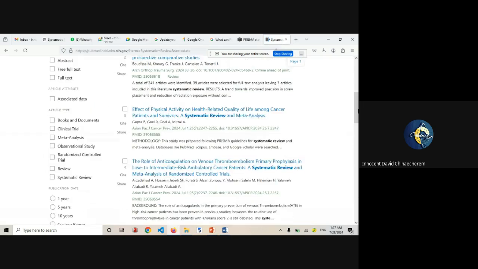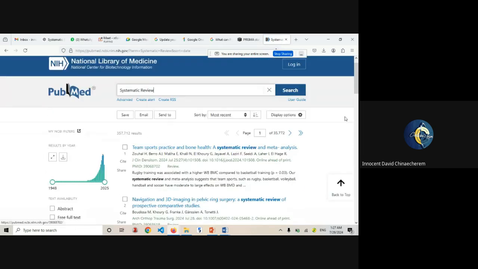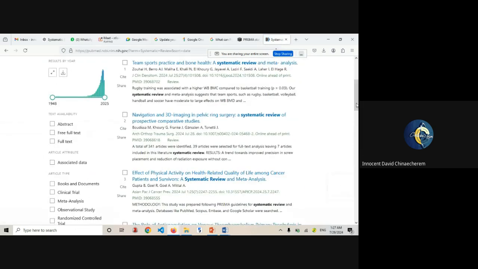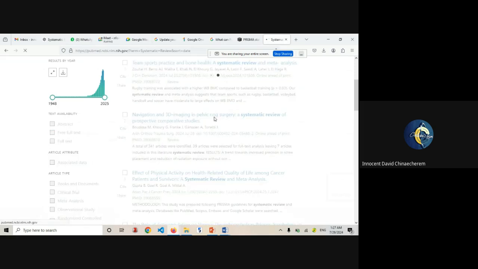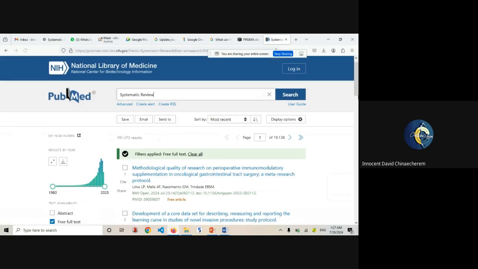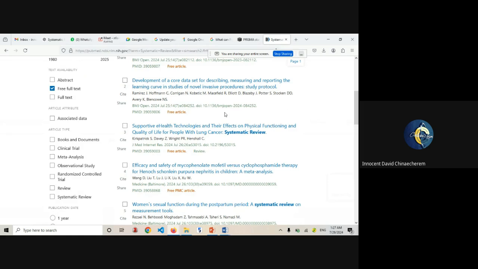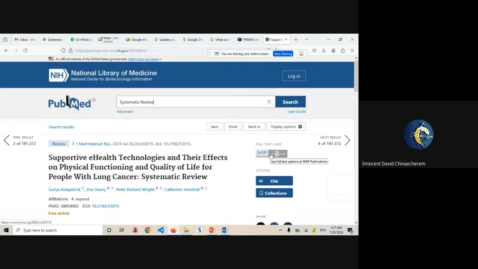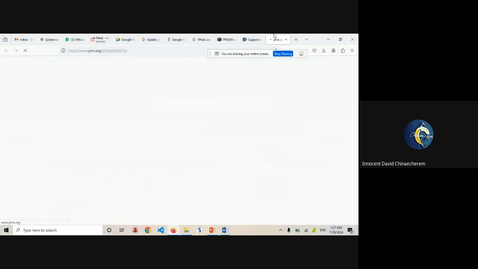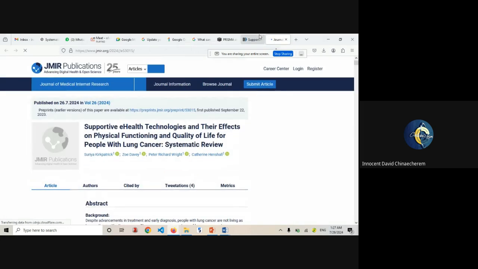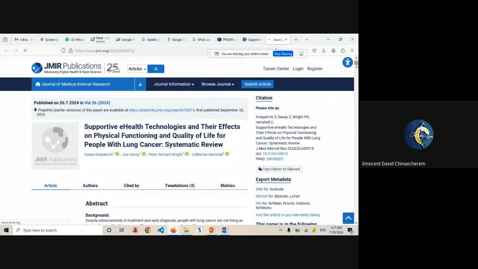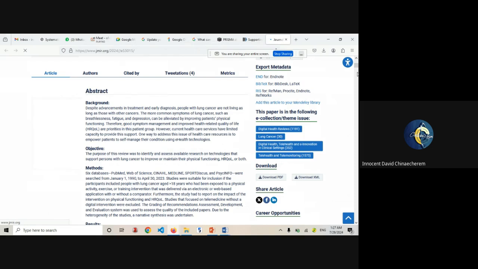So you're going to get loads of papers. Let's say for example, we just filter for free text, so we just want to see something we can use. I just click any random study, open it. Now, this is a systematic review, right? So this is an example of a systematic review.